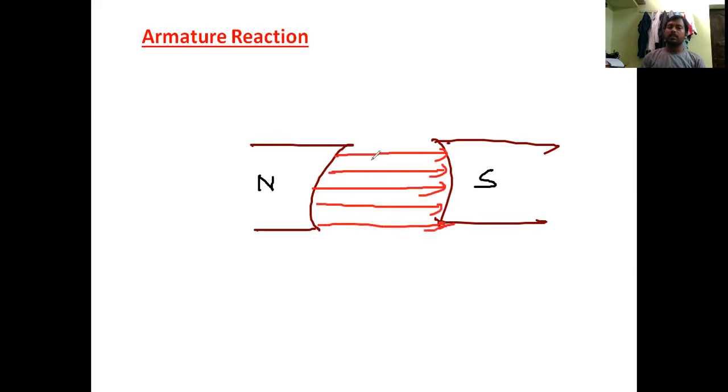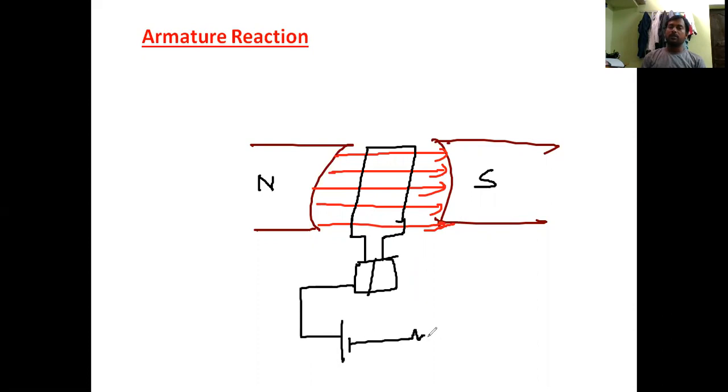Let us take a conductor. This is the conductor, and these are the split rings. From this, some battery or resistive load, whatever it may be, is connected.